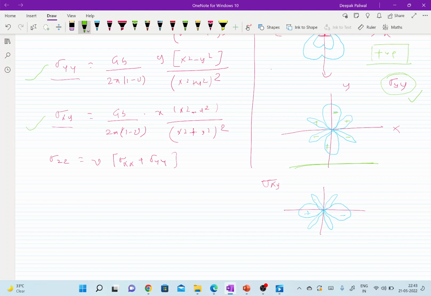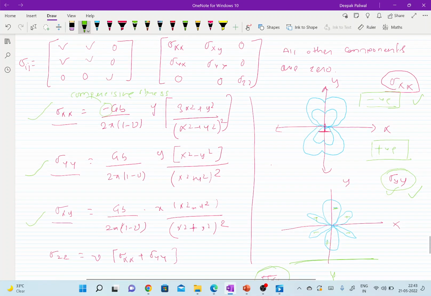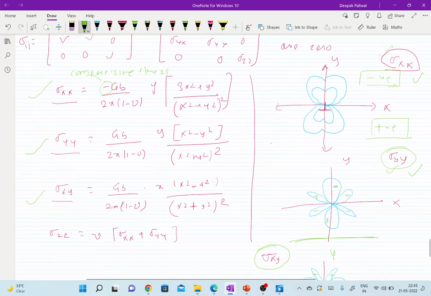This will be negative, this will be positive, this is again positive, this is negative. So here we have the sigma xy distribution, this is sigma yy, and this is the sigma xx distribution.